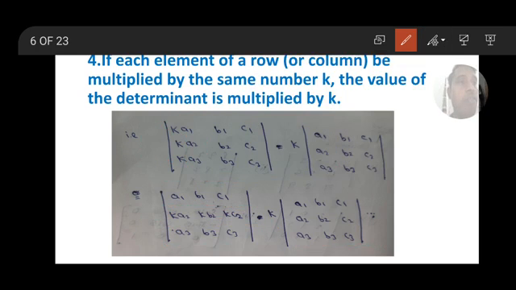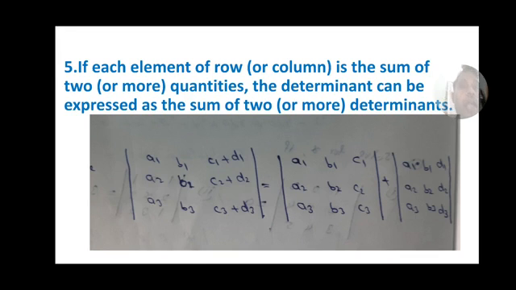Next property, fifth property. If each element of a row or a column is the sum of two or more quantities, then the determinant can be expressed as the sum of two or more determinants.